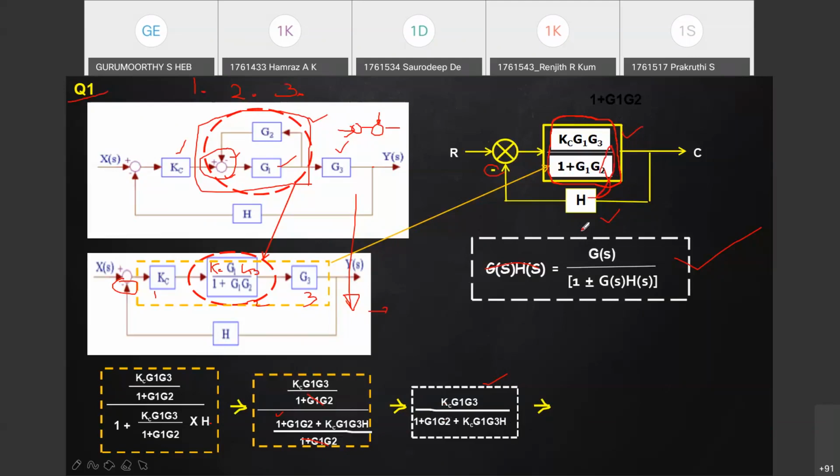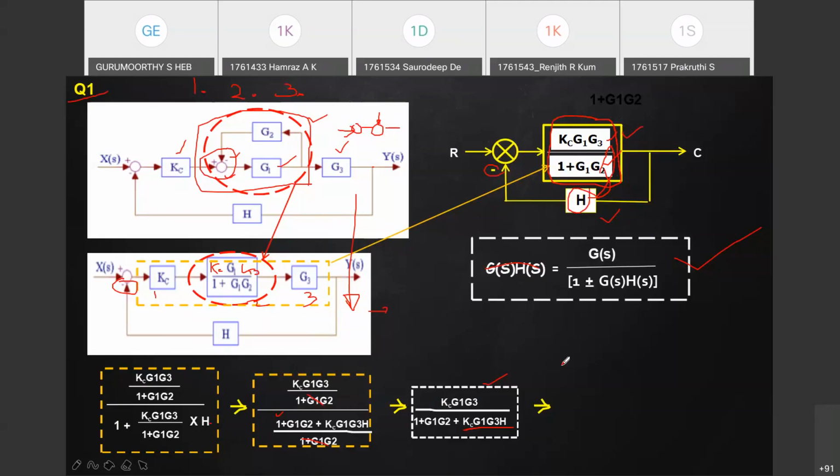The numerator stays as it is, the denominator stays as it is. Add one more term to the denominator after multiplying the numerator with the feedback value. You can do one or two problems, verify this answer and later you can follow this. That may help you save some time.